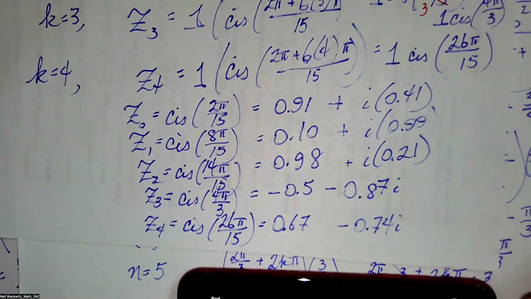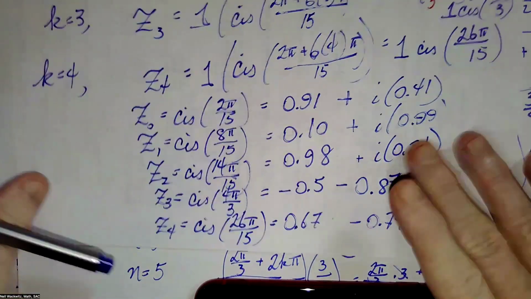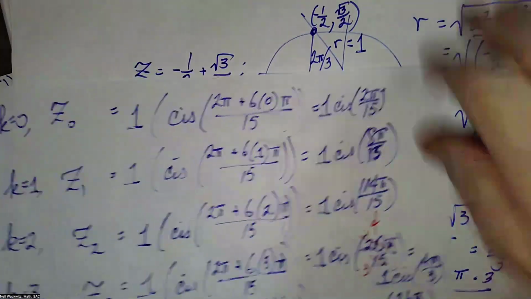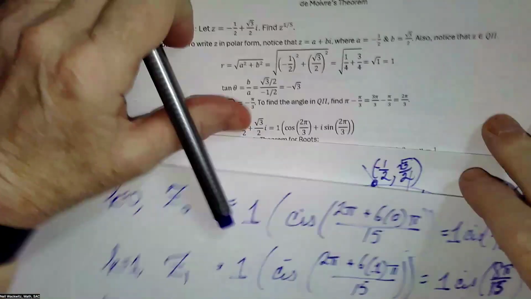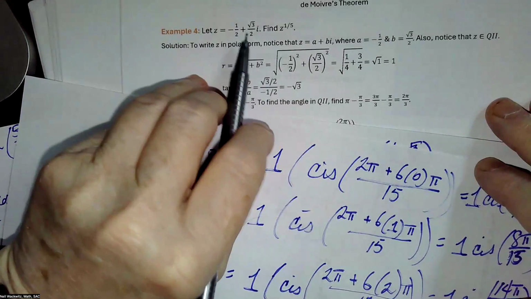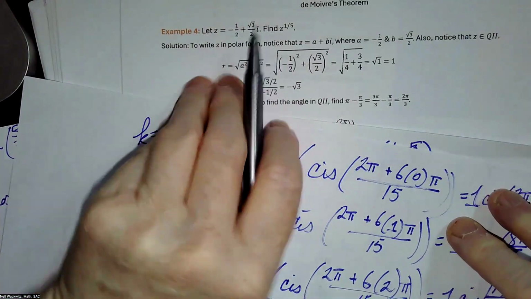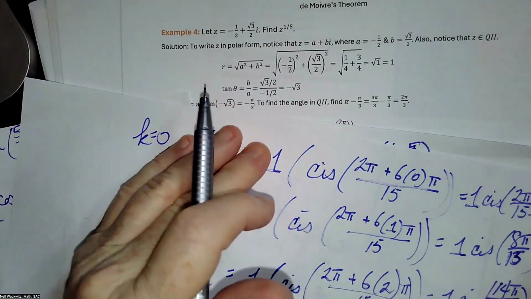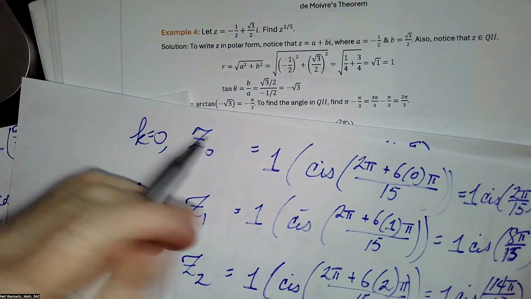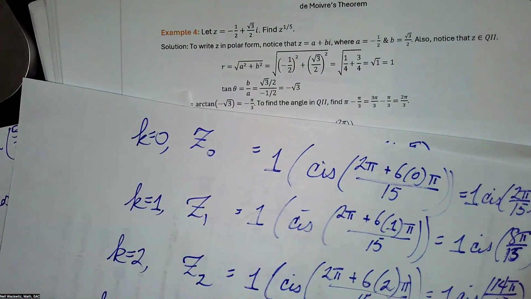So it's cool, to me anyway, that we can start with a number that is in rectangular form, but not anything that I can go, well, I know what the 5th root of that is.